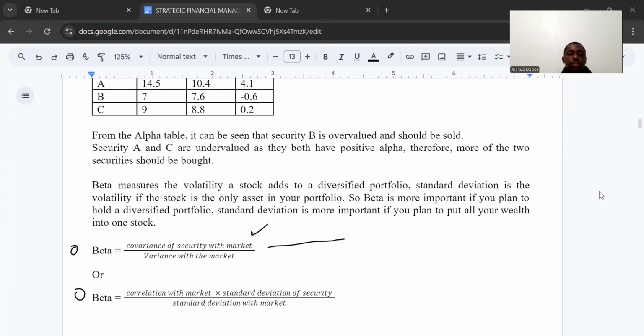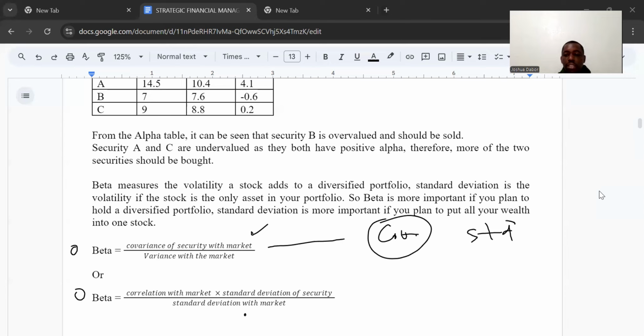Okay, so anytime you see this word covariance, just know that it is Formula 1 you are going to be using. Sometimes the examiner will give you the covariance and standard deviation. If your examiner gives you covariance and standard deviation, there's no way you can use Formula 2.